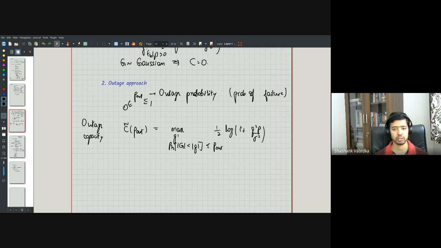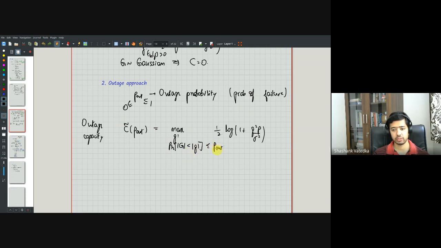You say that you can tolerate a certain probability of failure. So with probability P out, which we call the outage probability, you're not going to be able to recover the true message. But if there is no outage, that is, if the channel coefficient is large enough, then you can have vanishingly small probability of error.